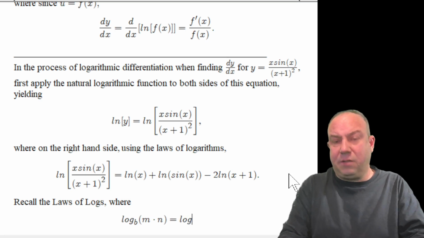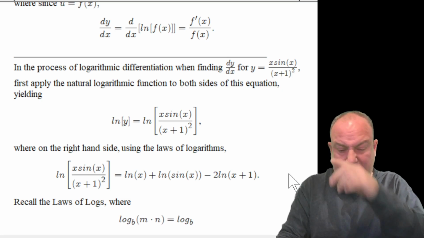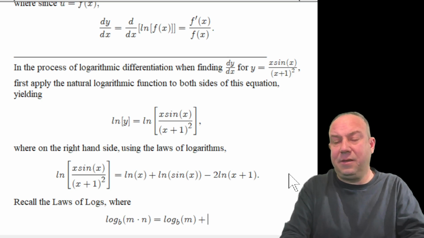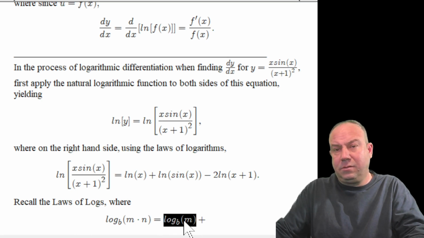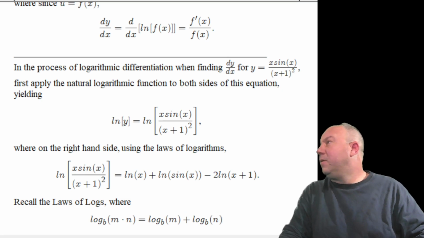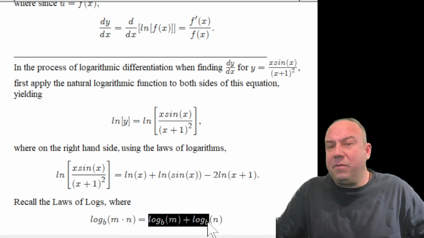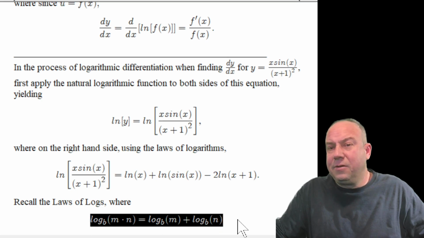Can be written as a log base b of m plus a log base b of n. Right? We can write a product in the argument of a logarithm into the sum of two individual logarithms using the factors of that product. Right? That's one log.